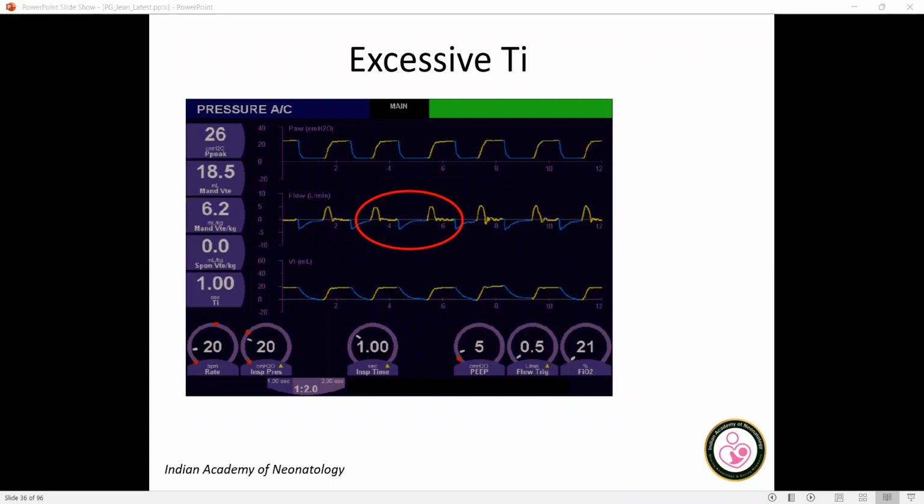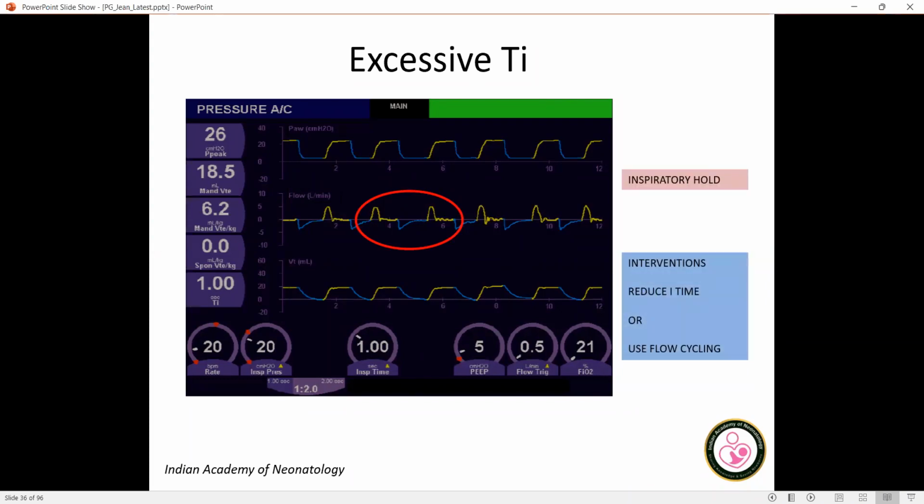So what should we do here? Yes, we should decrease the TI. Otherwise, what is the next option? We can also use flow cycling. In patient-triggered ventilation, which is particularly time cycled, the clinician will set an inspiratory time, and the exhalation valve would close and the pressure and flow will be delivered until the exhalation valve is open at the end of the inspiratory time.